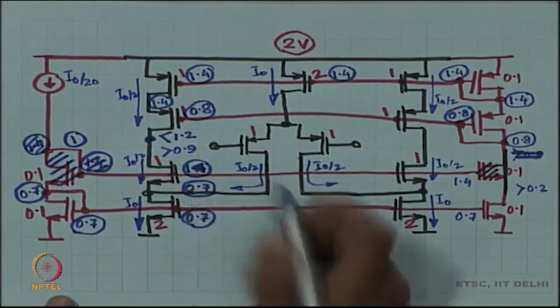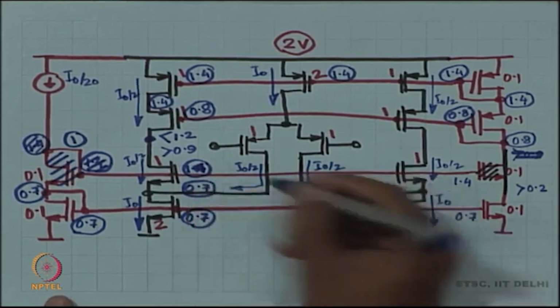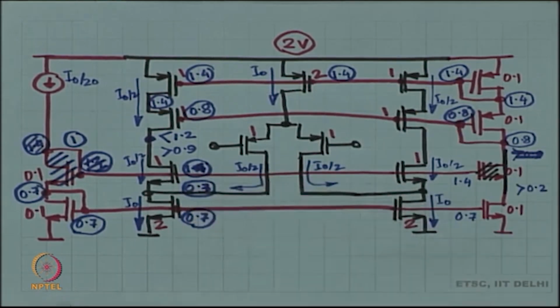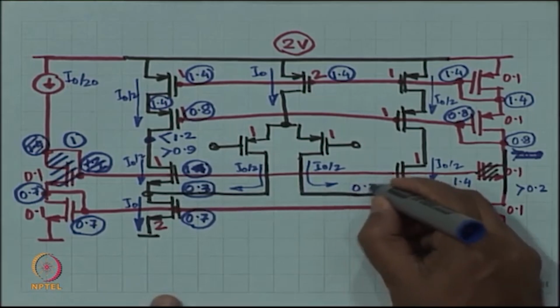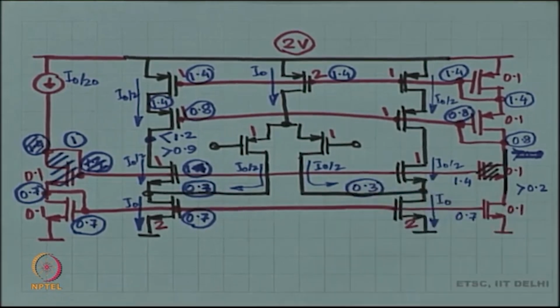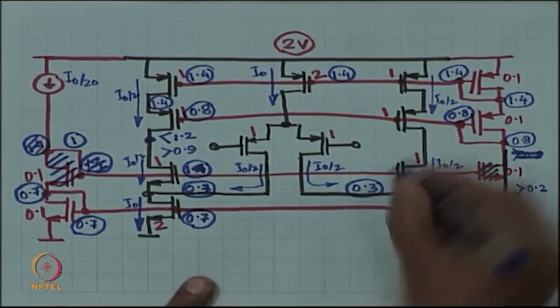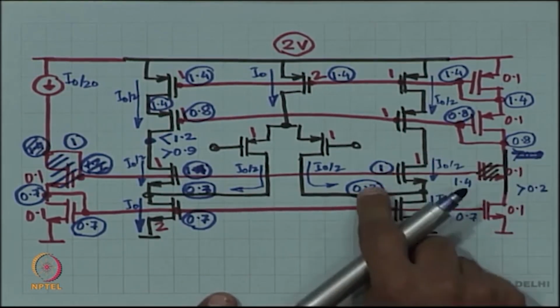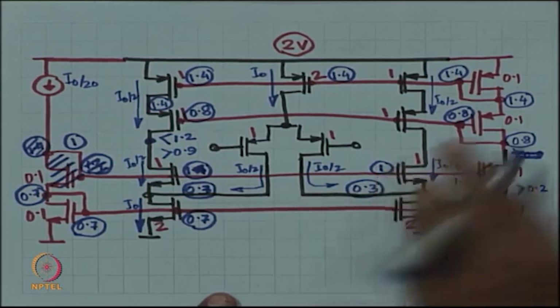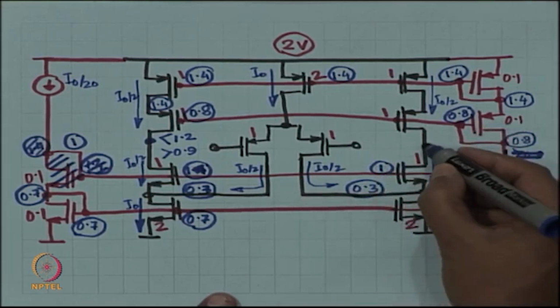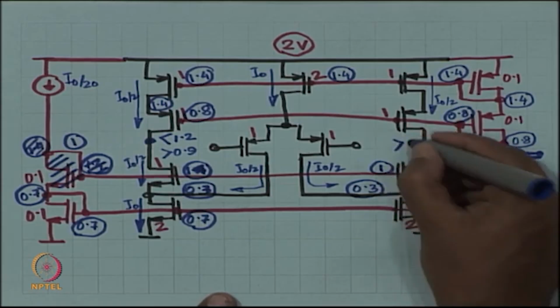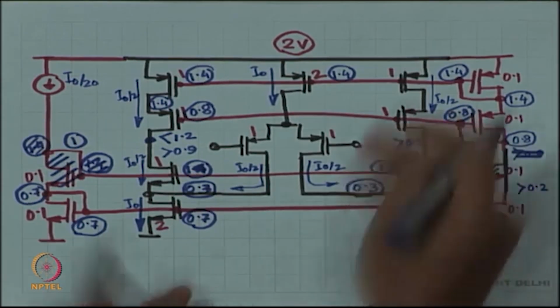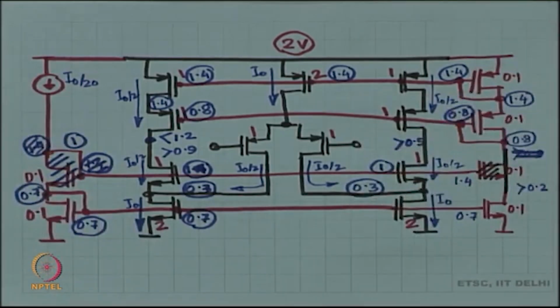In which case this voltage is set to 0.3, and if this is 1, then the lowest voltage at the output is 0.5, and suddenly you have got much more swing available at the output.